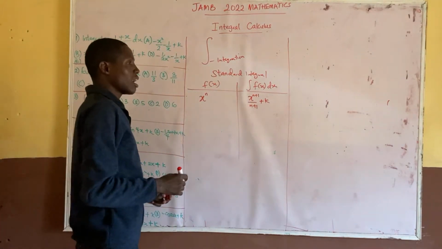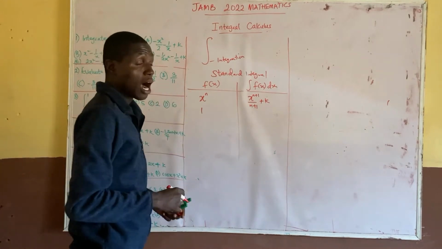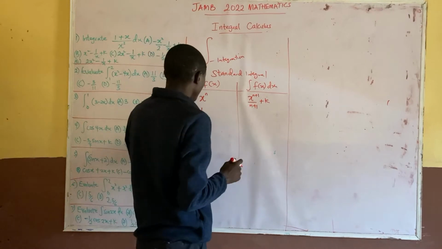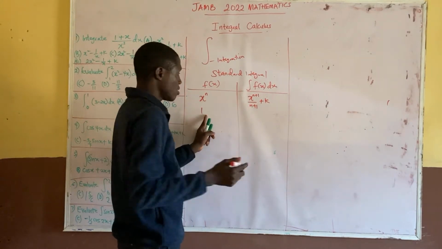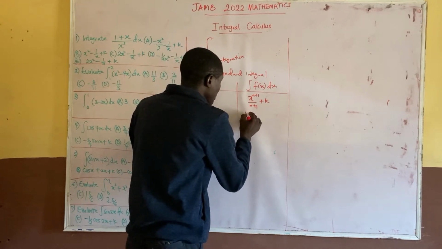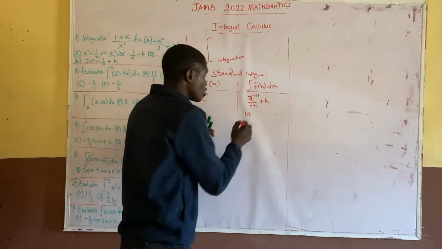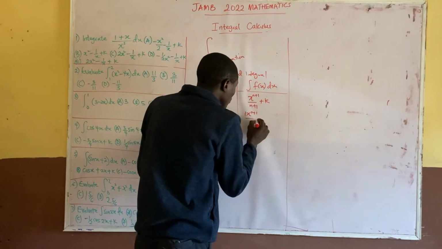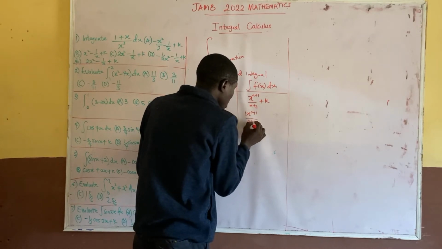Now we are talking about the integral of 1. What do you have when you are carrying out the integral of 1? Every 1 means that the x is raised to power 0. So 1x raised to power 0. Now you add 1 to the power, plus 1 all over the new power, 0 plus 1.